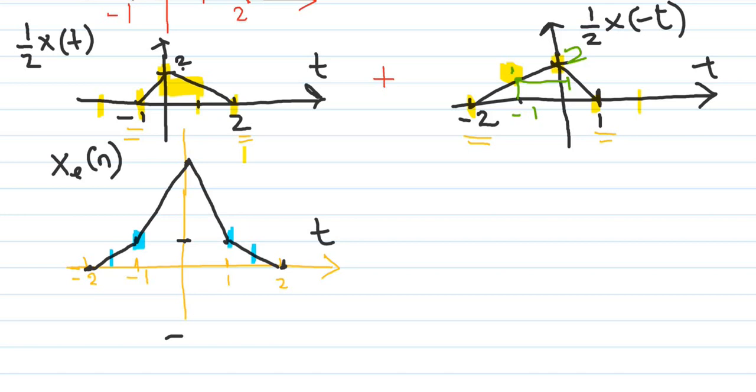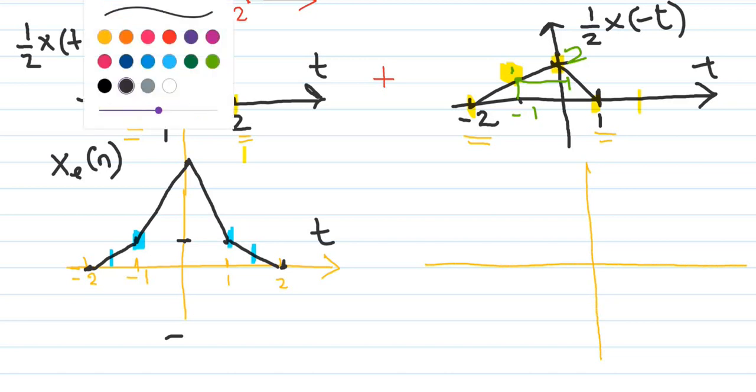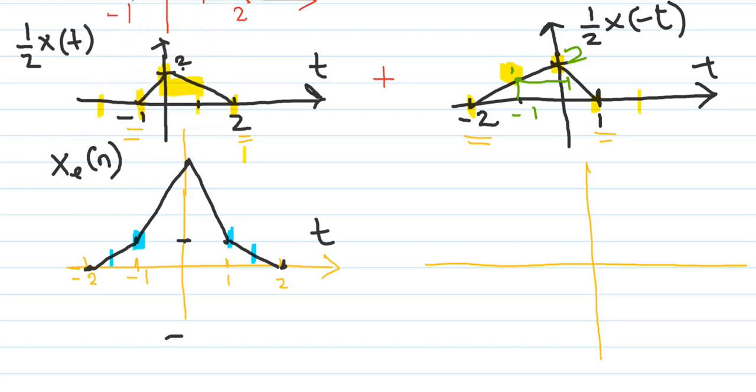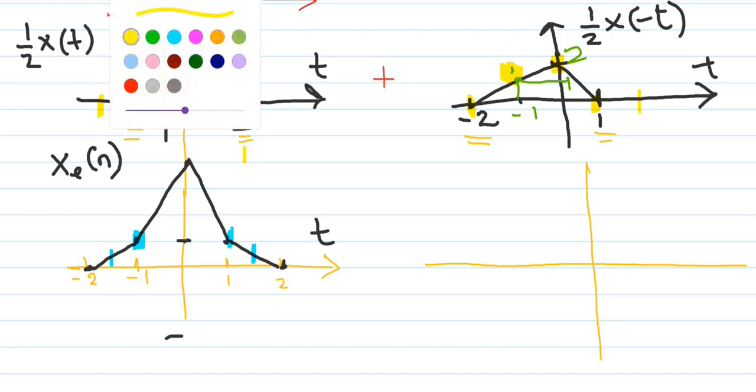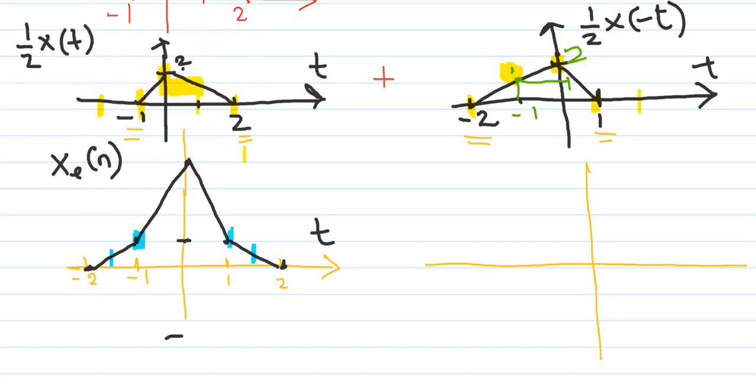Okay, now for the odd part we will do the same thing again, but instead of addition we are going to perform subtraction here. So basically how we will do the subtraction here again. Okay, let me take another one.